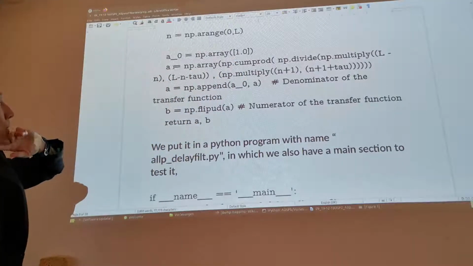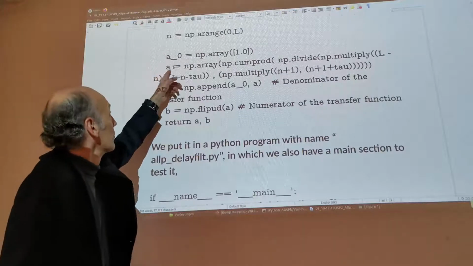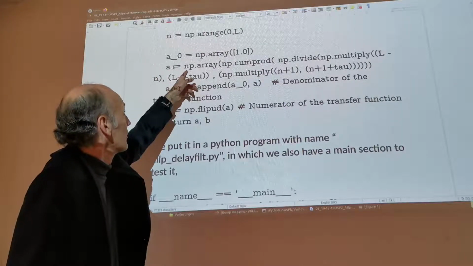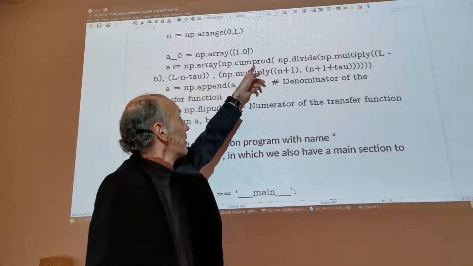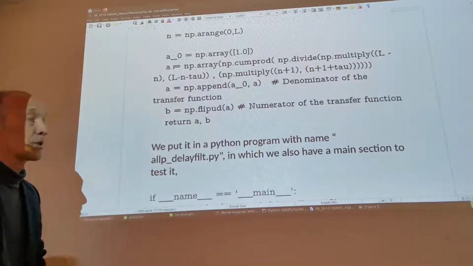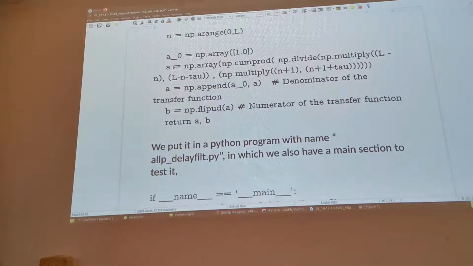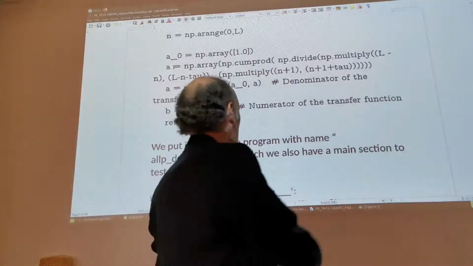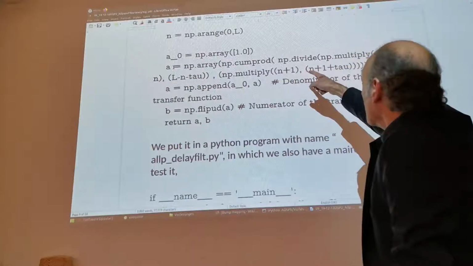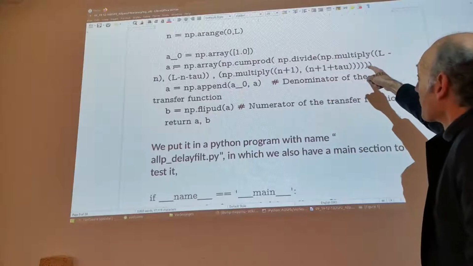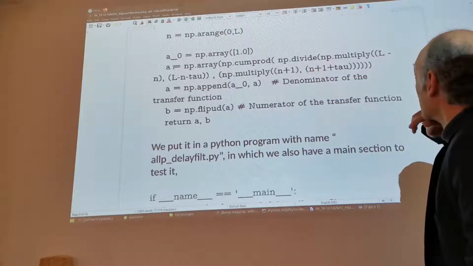And then we continue to define A as this array using this cumulative product. So this is kind of the tricky part here. Basically, it takes the consecutive product of this array that is defined here.